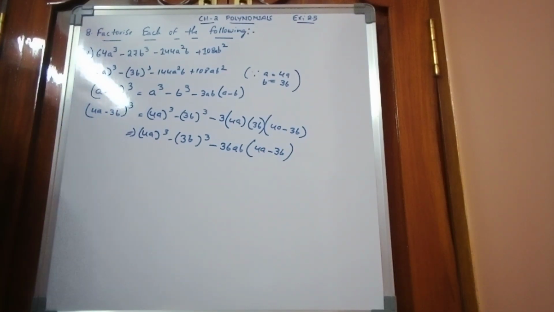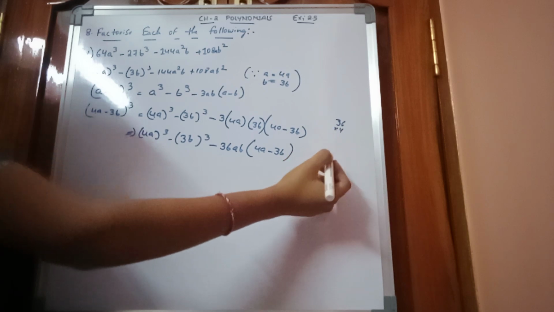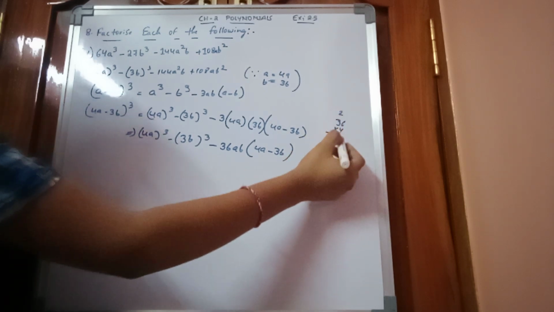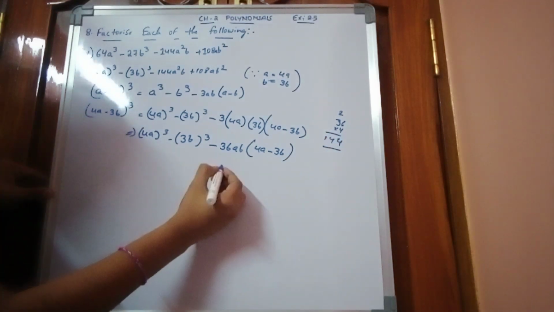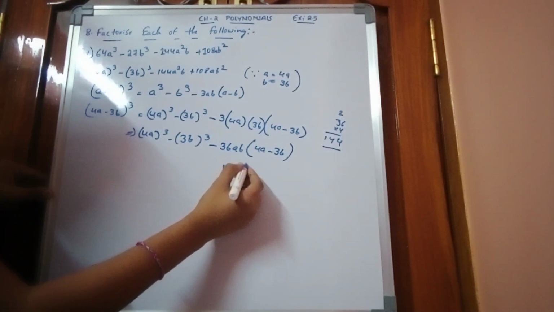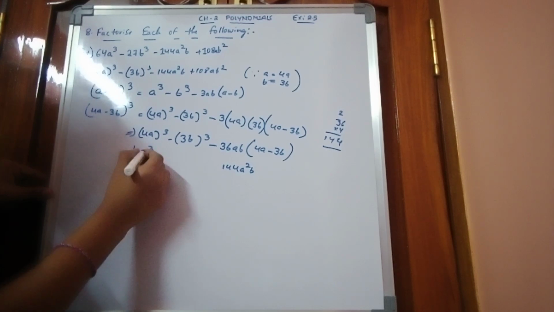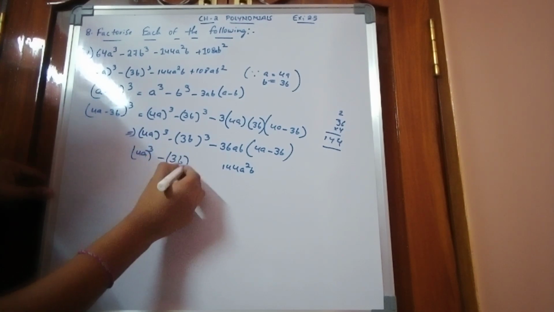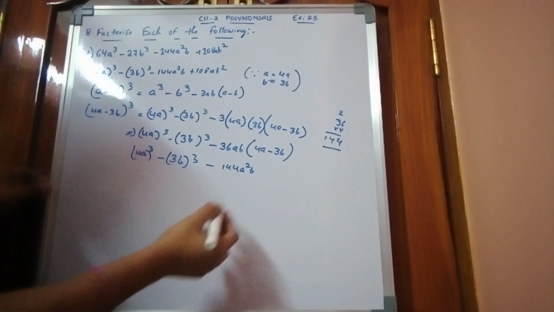So now 36 into 4. See here, 36 into 4: 6 4s are 24, 3 4s are 12, 14, 144. So we are getting here 144a square b, and (4a) whole cube minus (3b) whole cube minus 144a square b.